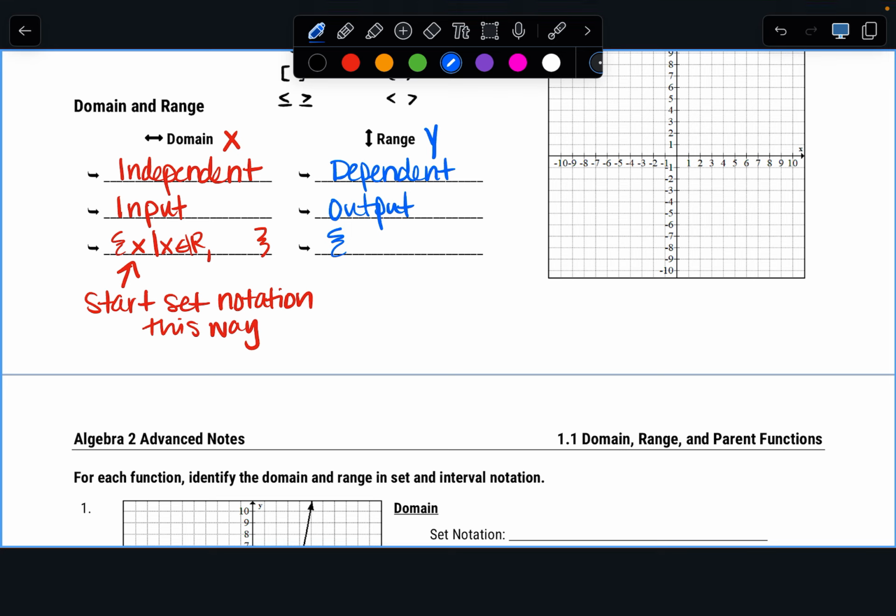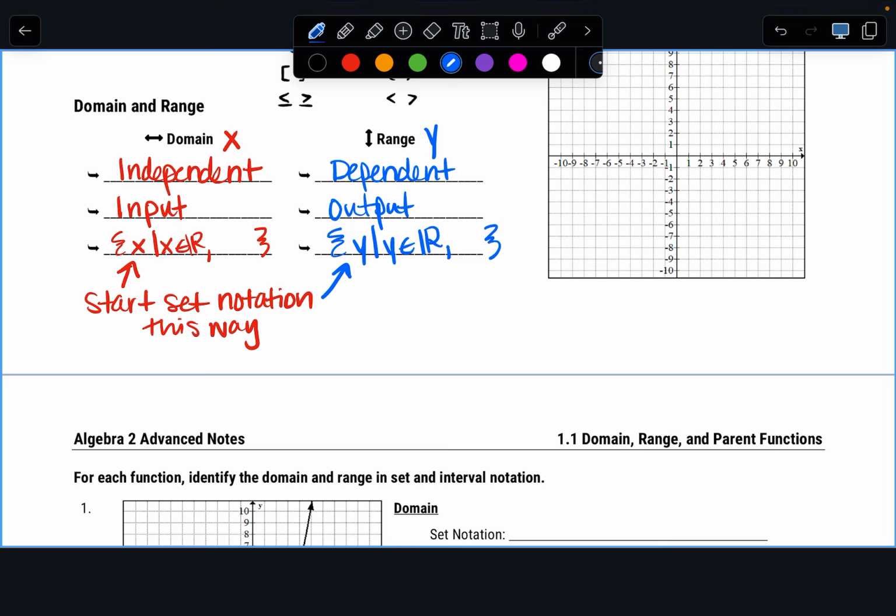Biggest mistake I see when we get to answering questions about this: we get in the habit of using X. We use X all the time, and people forget that for the range, they should be using Y. If you have no restrictions, you wouldn't necessarily have the comma, but if you do, you would have the comma and your restriction would follow. But same notation, different variable. I like to include that so that you have a place of reference: if I'm asked what to do for set notation, I know I need to start it this way.